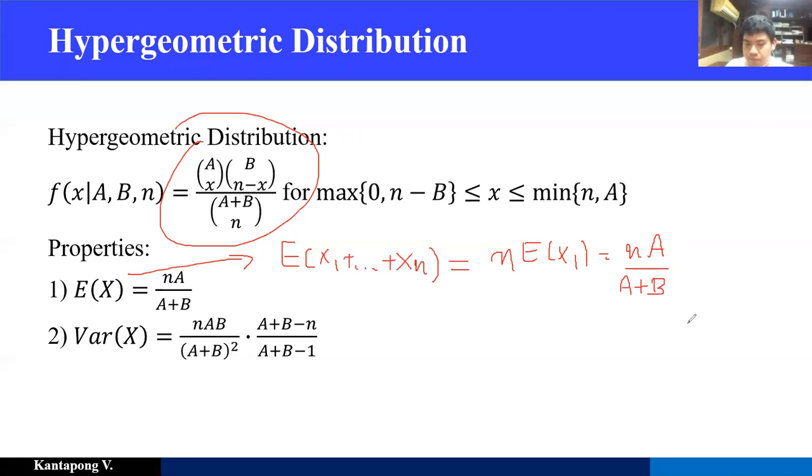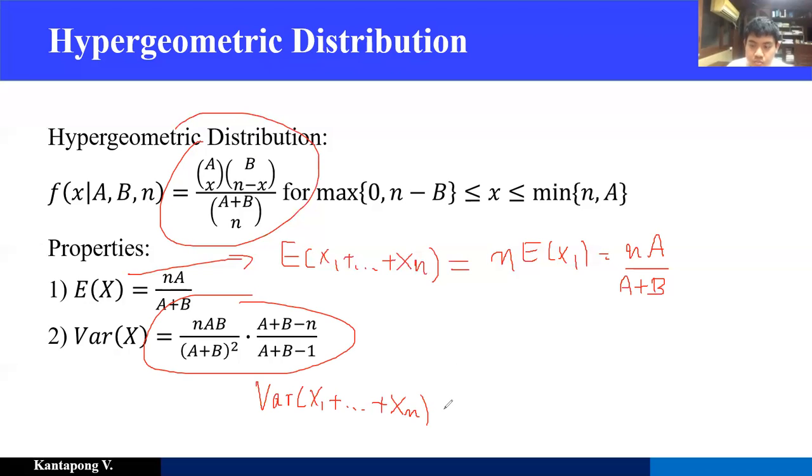Okay. And for the variance of X, we can say that X is X1 up to Xn, so what is it? We can get this number, right?